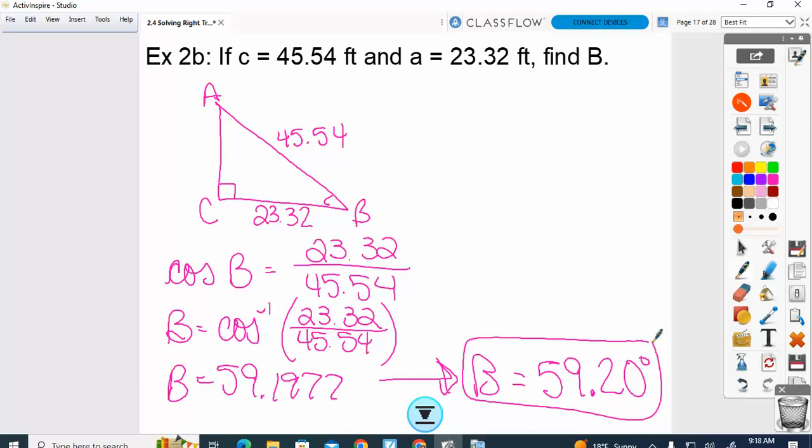Now, sometimes it will be impossible to match the number of significant digits. For instance, let's say you got 9 point, okay, if we had this, and I asked you to round that to 3 significant digits.